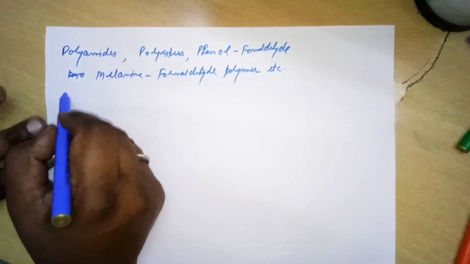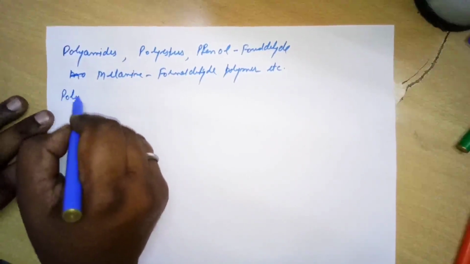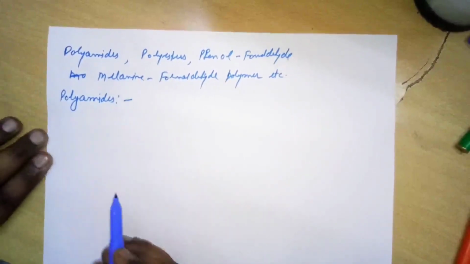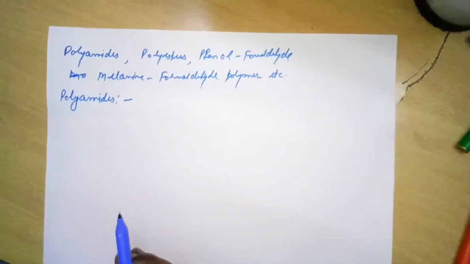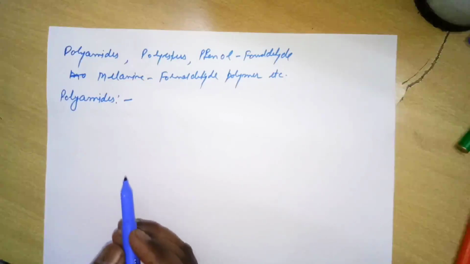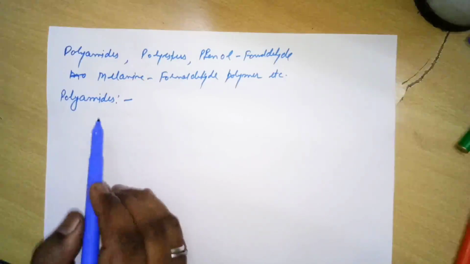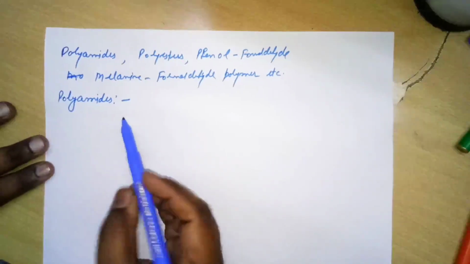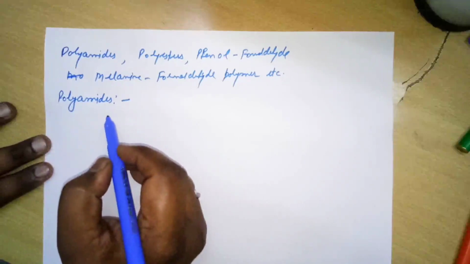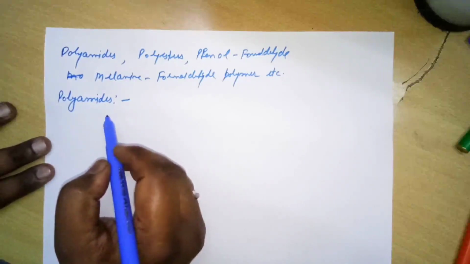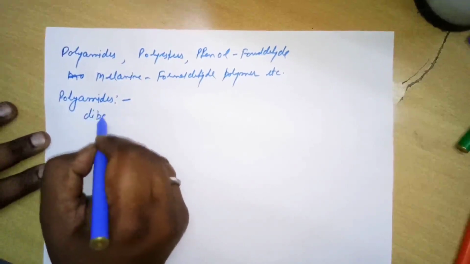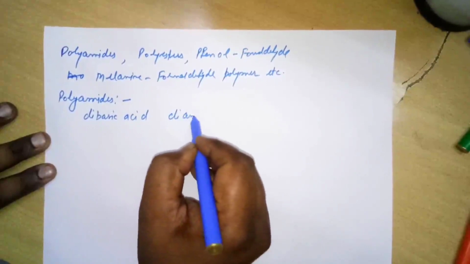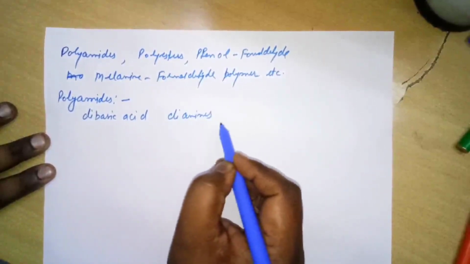First we will take polyamides. These are the polymers which contain amide linkage. These are prepared by the condensation polymerization of dibasic acid with diamines or their derivatives.